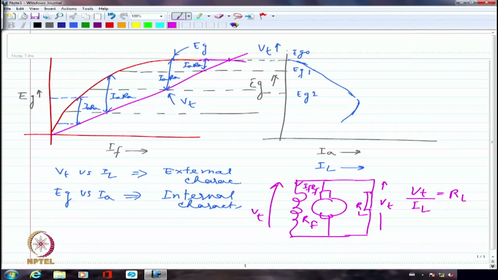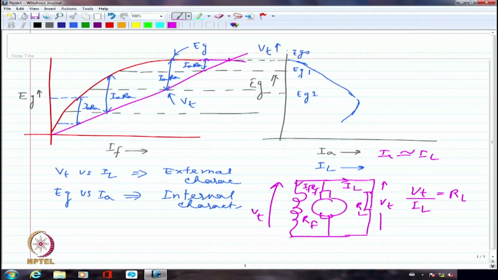So this is RL, and this is IL. And IL is approximately equal to IA, we can still assume, because IF is a very, very small fraction of the overall current supplied by the armature, because RF is quite large. So I can still assume IA is approximately equal to IL, but I can't assume EG equal to VT. That's the reason I wanted to make this small correction.